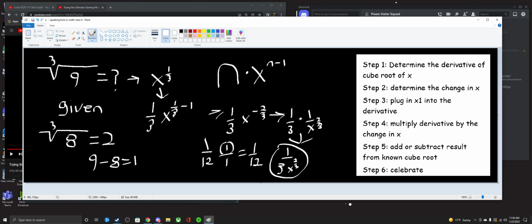Now, it says add or subtract. Since we have a positive value from our new derivative, we want to add to the cube root we already know, which is 2. So we do 2 plus 1 over 12.